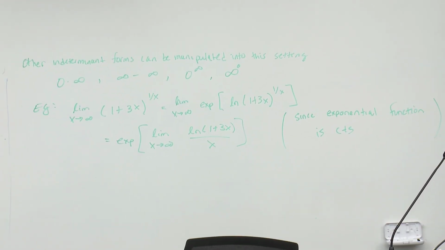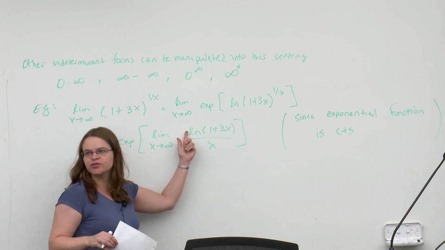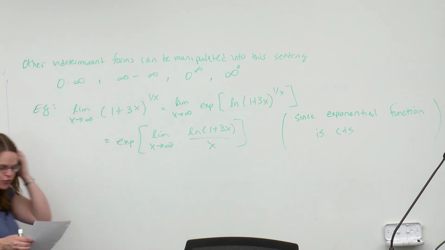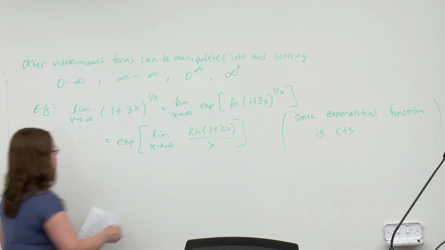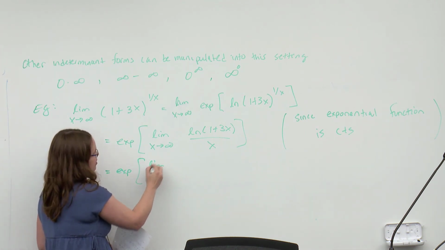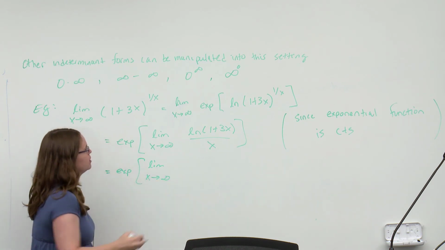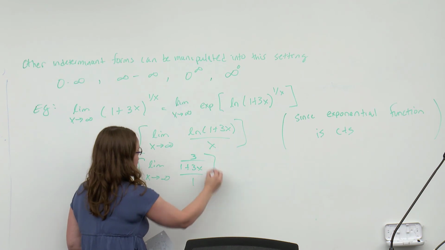Right, and now you're in business. Now you've got inside of here, log of something that's going to infinity over x going to infinity, an infinity over infinity kind of form. And now we're in business to try to use L'Hopital's rule, as long as when we take the derivatives we get something that makes sense. So the limit as x goes to infinity. What do we have? 3 over (1 plus 3x) divided by 1.